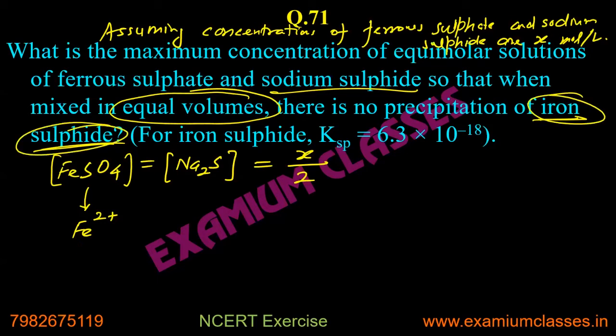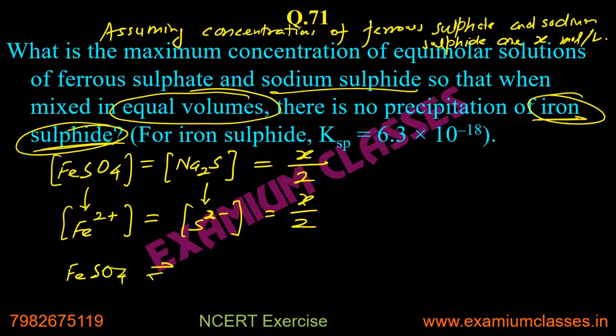So iron ions we get from FeSO4, and sulfide ions, that is S2-, we get from Na2S. So both of these have concentration x by 2. Why this is so, I hope you understand, because FeSO4 will give you Fe2+ and SO4 2-, a 1:1 ratio.